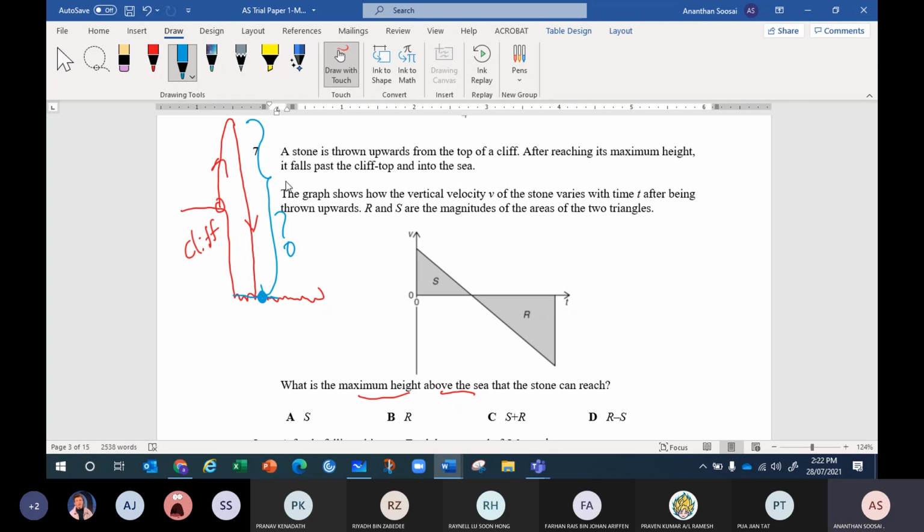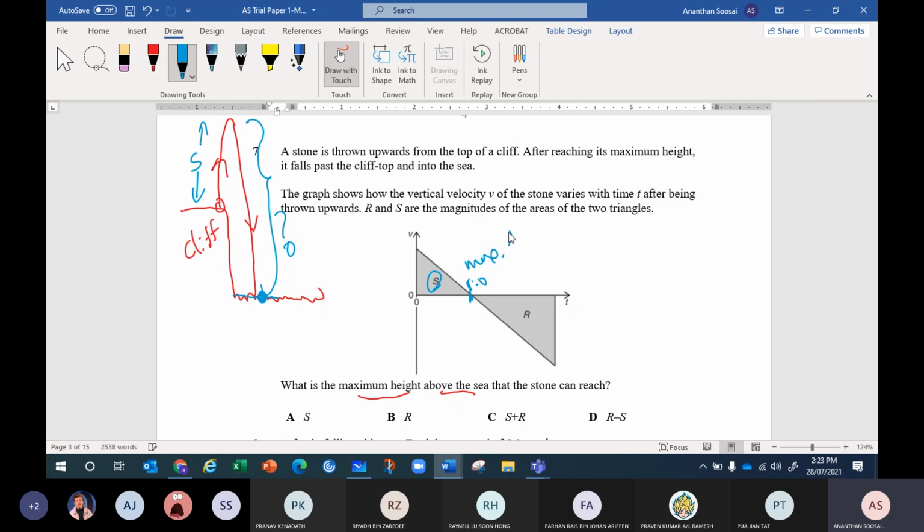So this value is actually what? What is area of S? This is your area of S, the displacement going up, because the velocity decreased to 0. Here is where it achieved the maximum height.